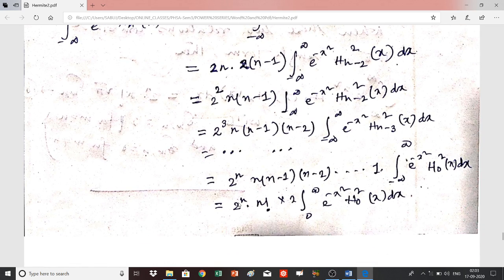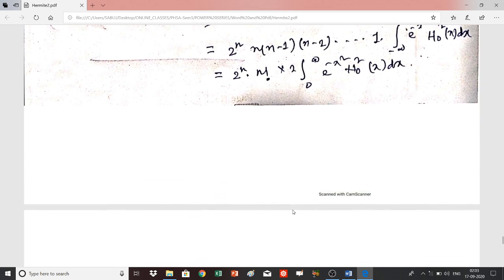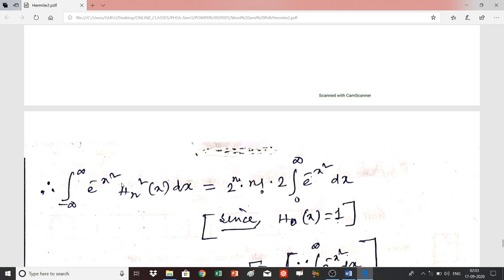So from this, 2 to the n is here, and this is nothing but n factorial, and then you can write this as 2 into the integral from 0 to infinity of e to the minus x square h0 square x dx. So the left hand side is equal to 2 to the power n factorial, 2 into the integral from 0 to infinity e to the power minus x square dx.